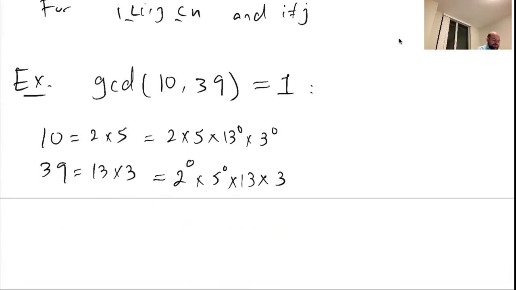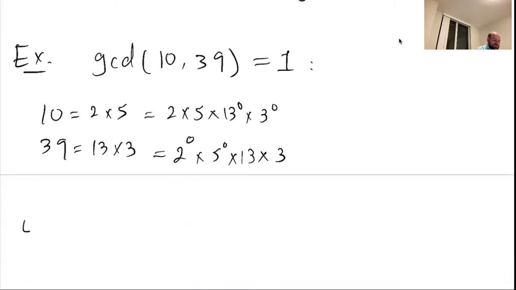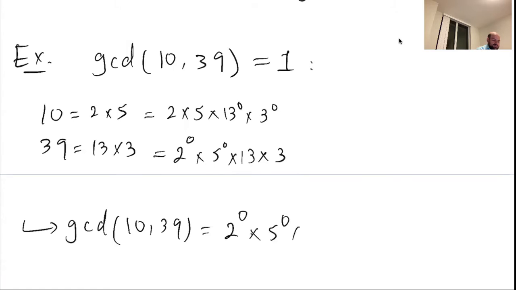times 3. And then that means for the GCD of 10 and 39, I have to choose the smallest powers. So 2 to power 0 times 5 to power 0 times 13 to power 0 times 3 to power 0, and that's 1.